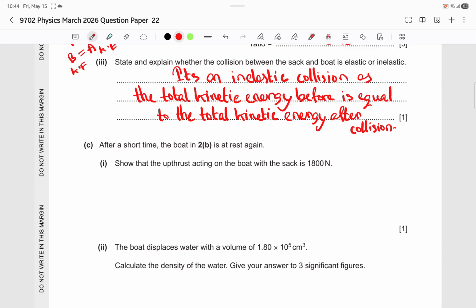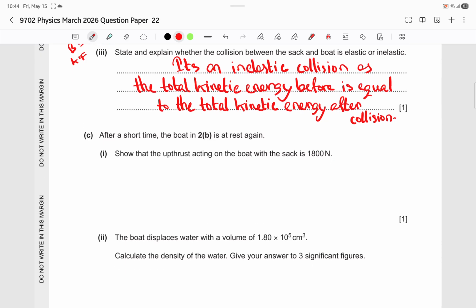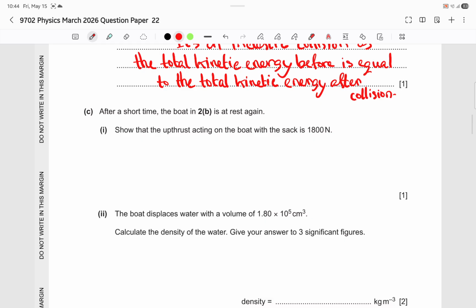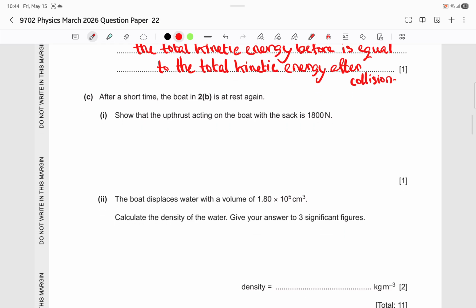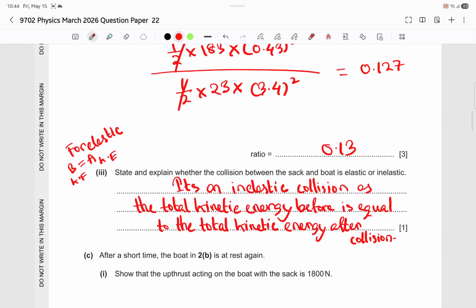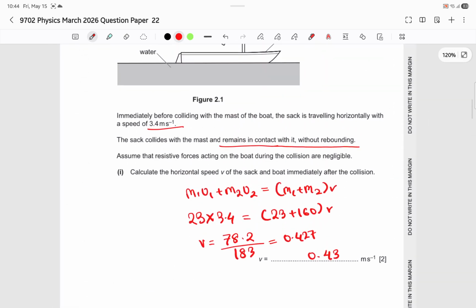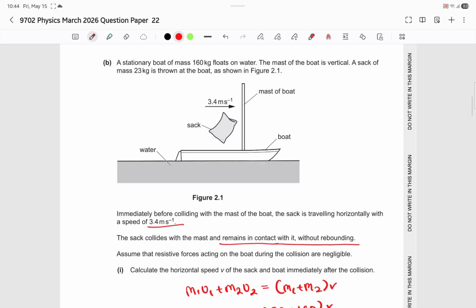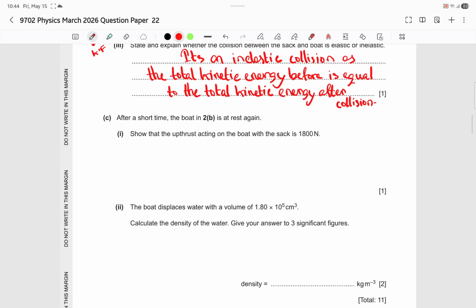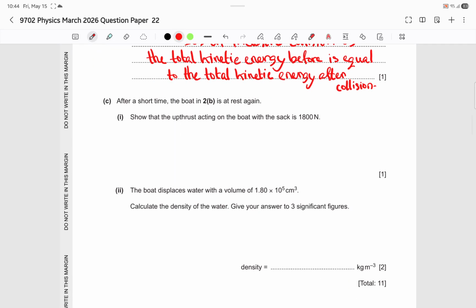Alright, so the next question is number C. After a short period, the boat in 2P is at rest again. Show that the upthrust acting on the boat with a sack is 1,800 newtons. It is at rest again, that means it is at equilibrium. Since it's at equilibrium, the weight is equal to the upthrust.